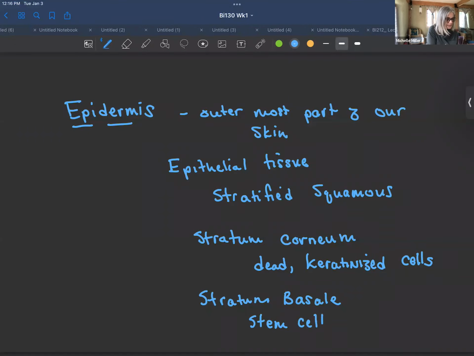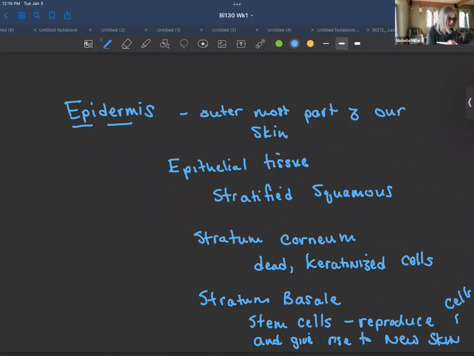So these stem cells reproduce and give rise to new skin cells. Okay, so that is the stratum basale.